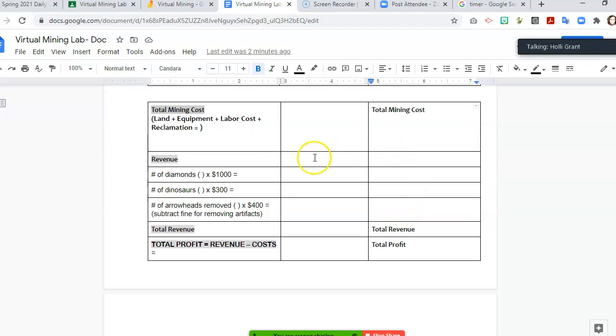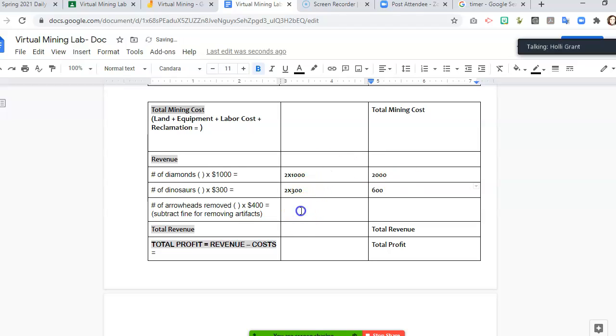Okay, so you should have diamonds. Let's say you found only 2 diamonds. So that puts me at 2,000. Okay, the dinosaurs, let's say that I found 2. That's 600.